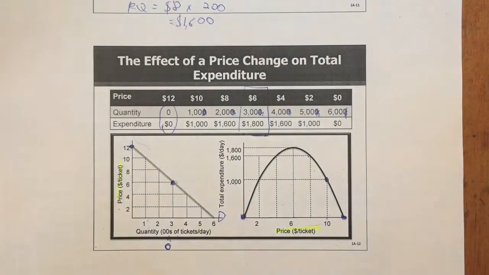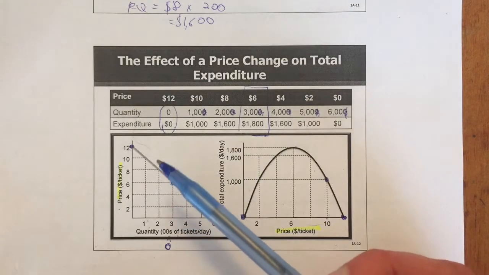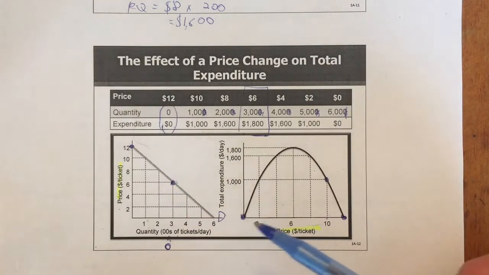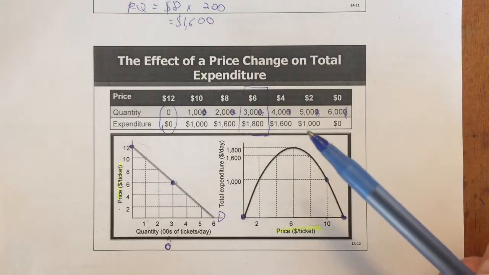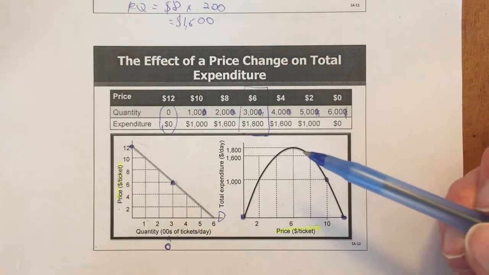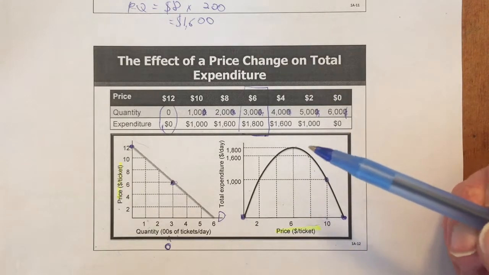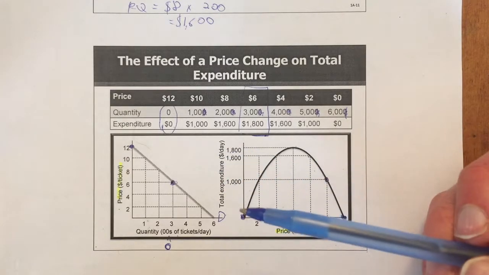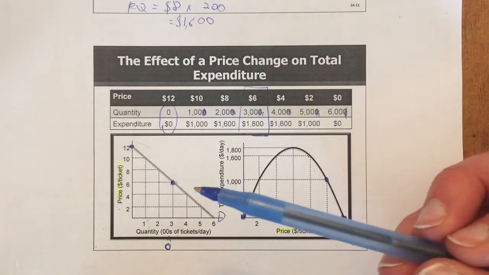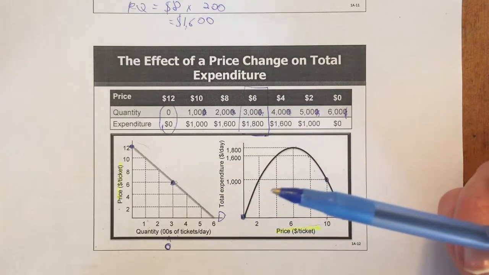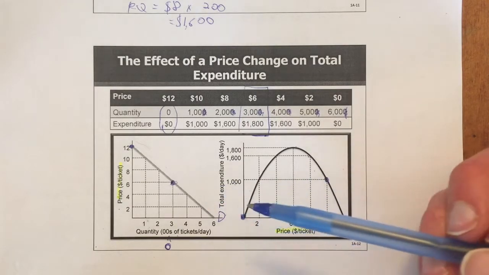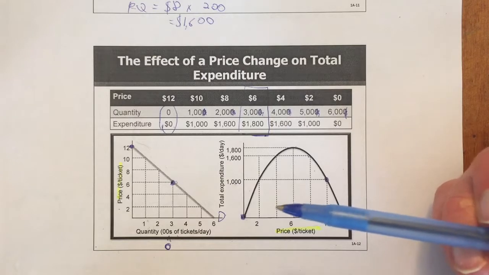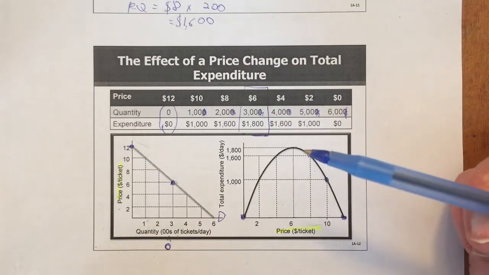All right, so the idea from this is, again, that we're showing that due to the elasticity of different points of the demand curve, it has different effects on what the maximum total expenditure is going to be. And that total expenditure is different for each price point. So for the profit maximizing firm, they'll want to choose the price that will result in the highest total expenditures.